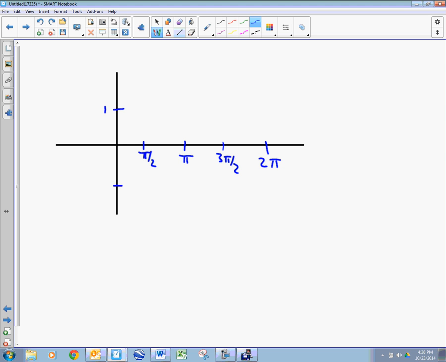Its greatest value is 1, its smallest value is -1. What we want to do is draw that derivative.